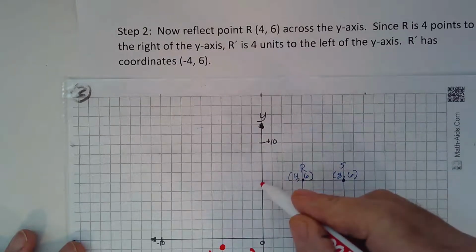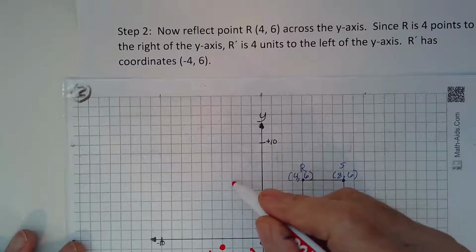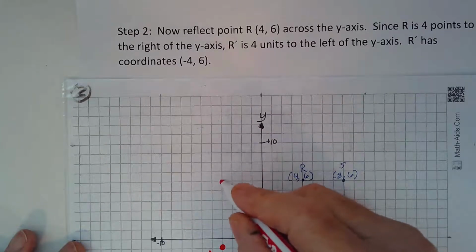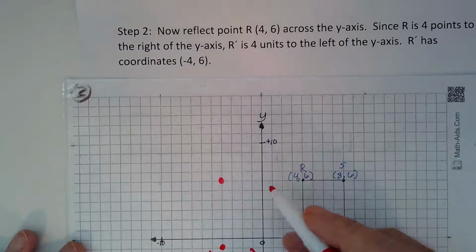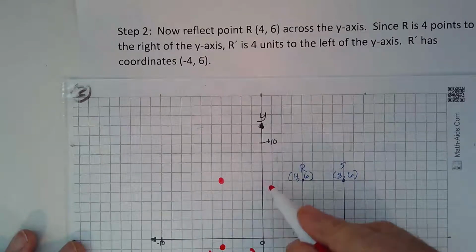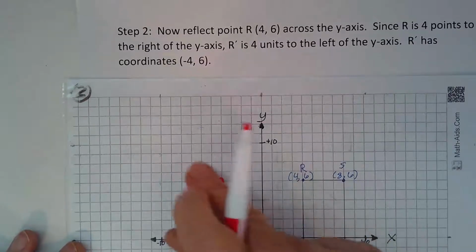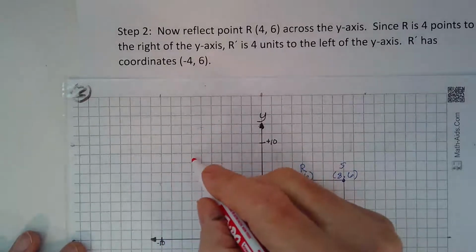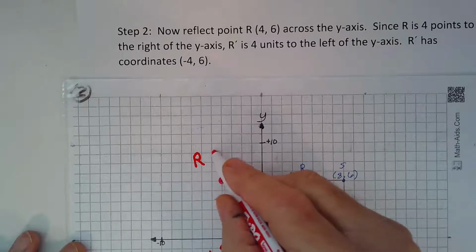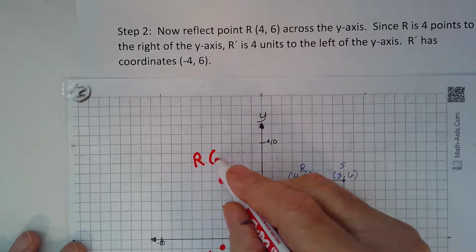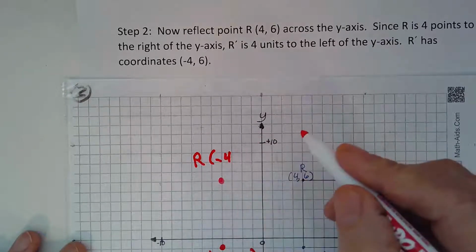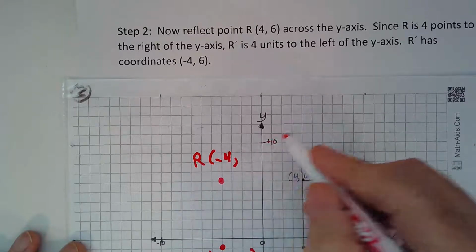So here's the y-axis, -1, -2, -3, -4. I know I'm using negative numbers, but remember that's an absolute value of 4 units from 0. So here's R, and I'm going to put R up here. R, and R is -4, X is -4, Y is 6.